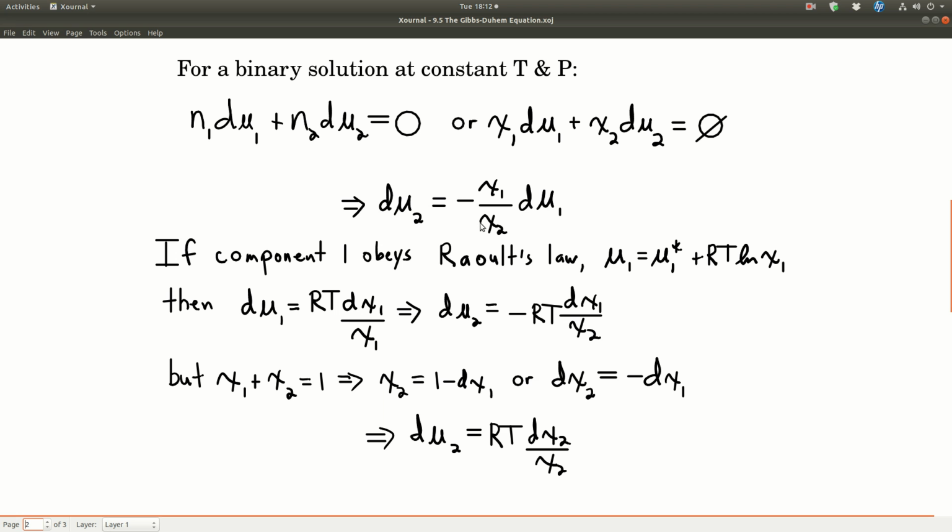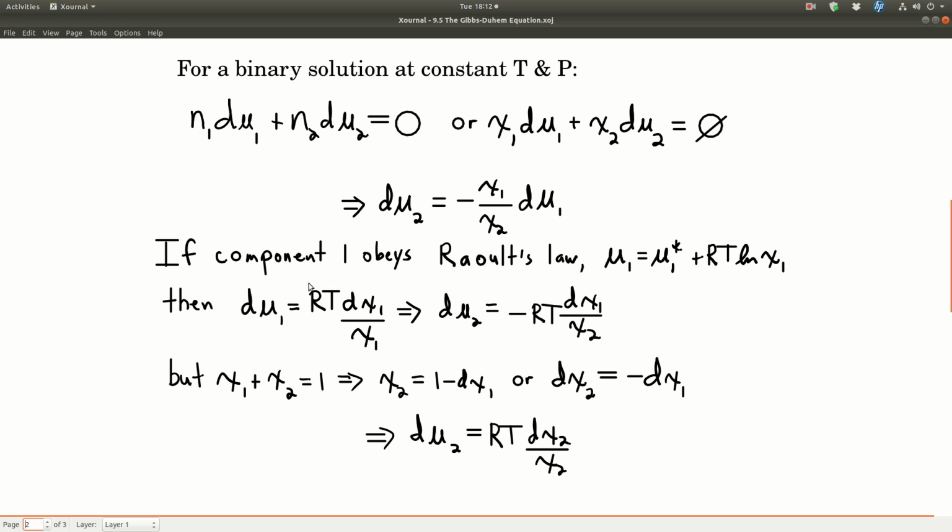Now, let's say one of those components obeys Raoult's law. What that means, say for component 1, is that mu sub 1 equals mu 1 star, the chemical potential of the pure substance, plus RT natural log of the mole fraction of component 1.